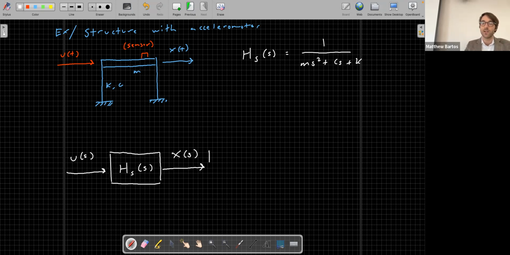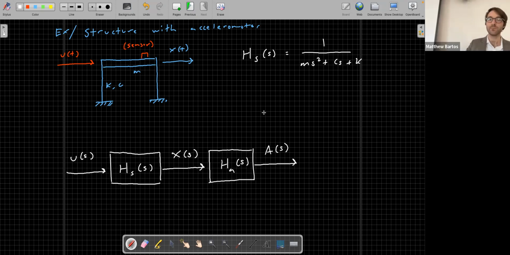If we want to represent the output of the sensor, we can feed that displacement into a second transfer function, which I'll call Ha of s, representing the accelerometer. And that accelerometer outputs what I'll call A of s, which is the acceleration. So what would be a good choice for the transfer function of the accelerometer?